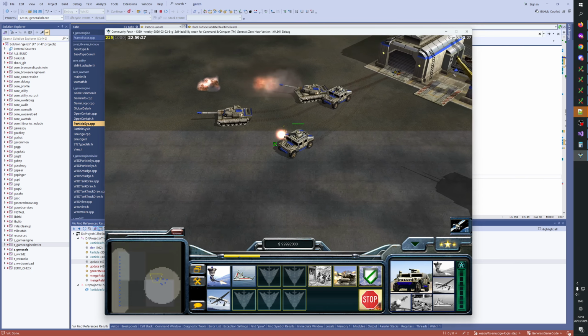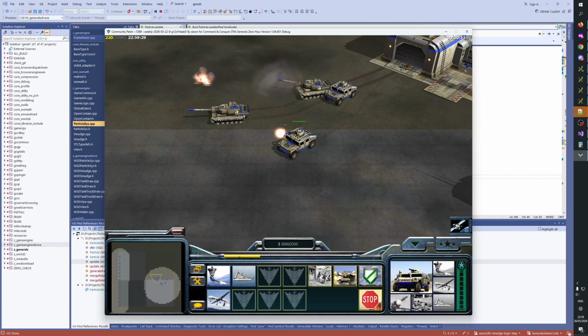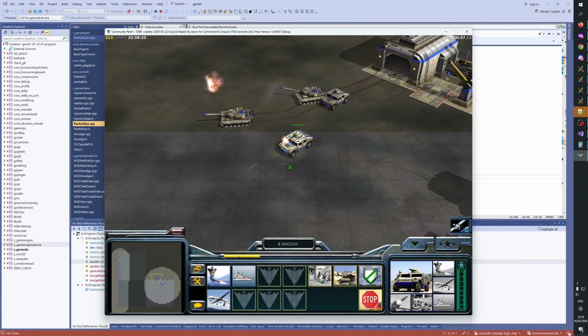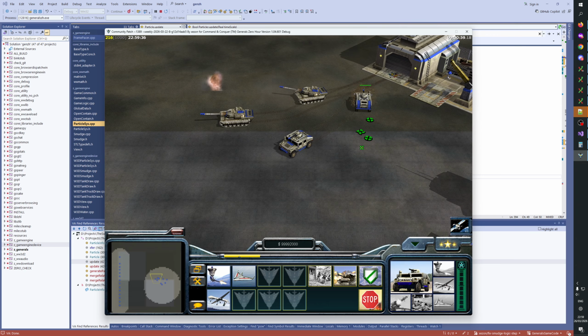The light ball looks way too large, doesn't it? It shouldn't be this large. Something is wrong with the size.